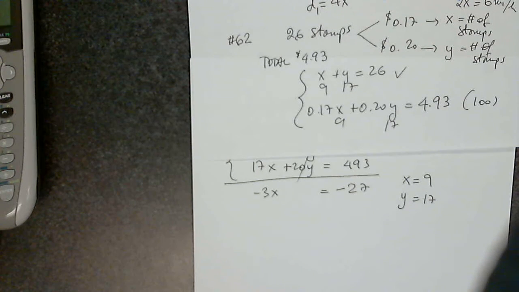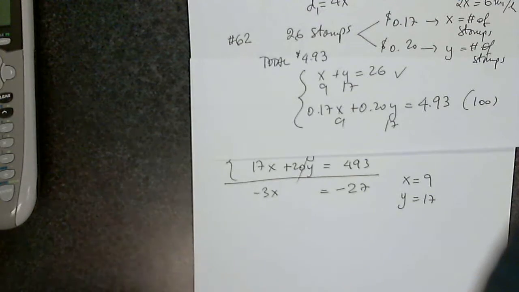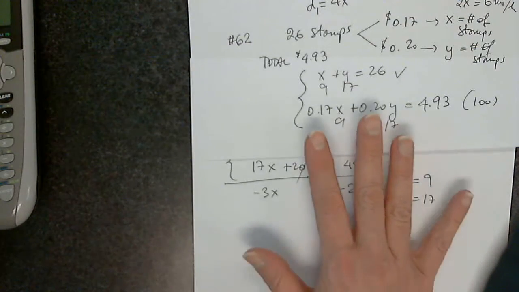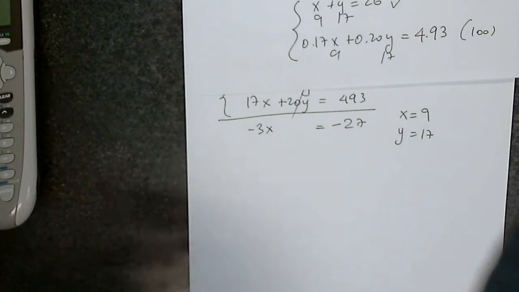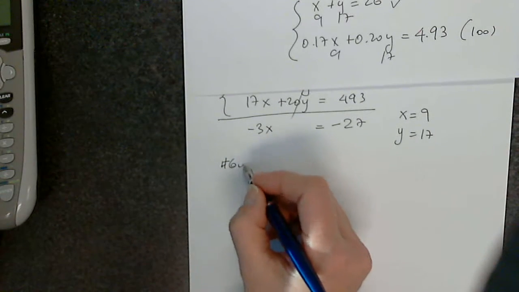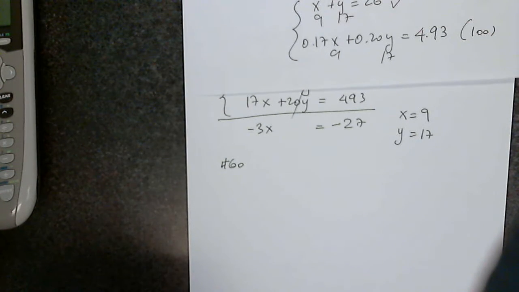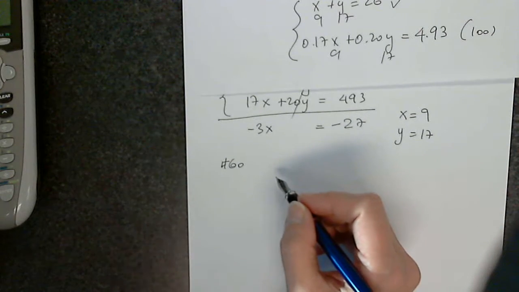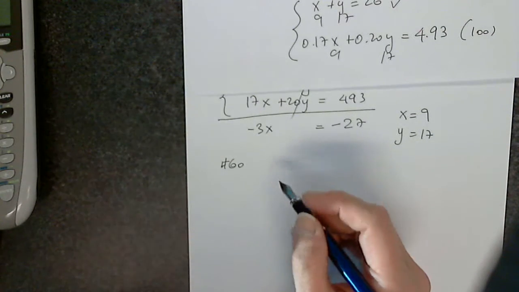Let's look at more word problems. We did the orchestra one. That's problem 60. The difference of two numbers is negative 18. What do I write?